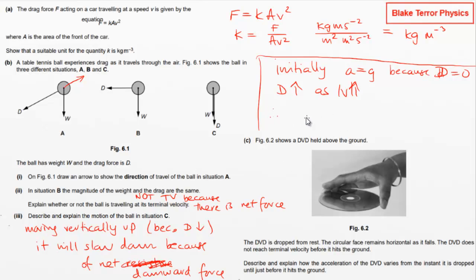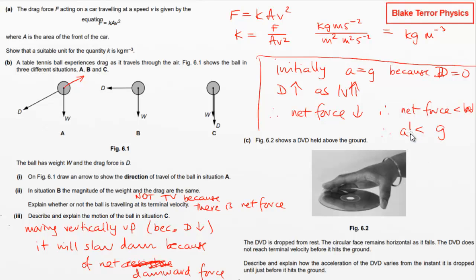So therefore, the net force will decrease because the drag is opposing the weight. Therefore, the net force is less than the weight. Therefore, the acceleration is less than g and decreases.